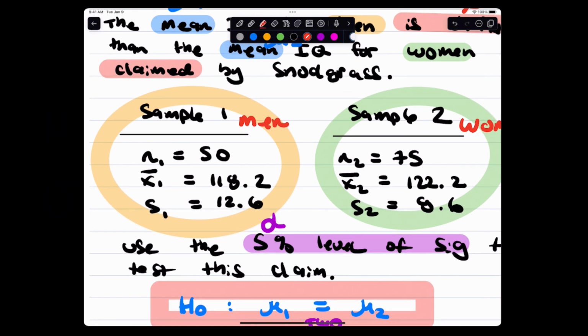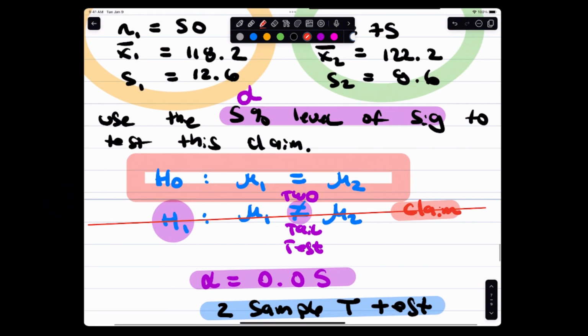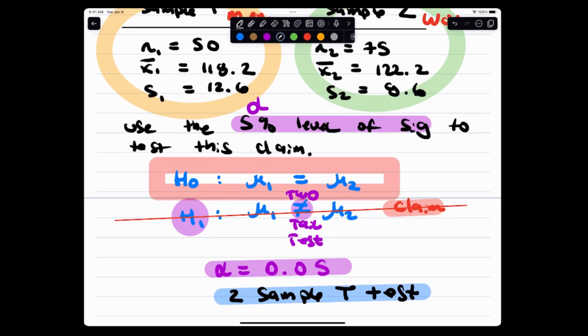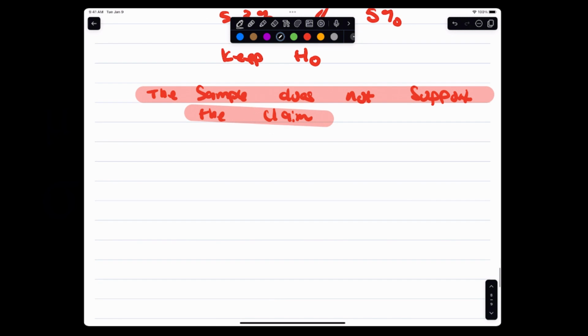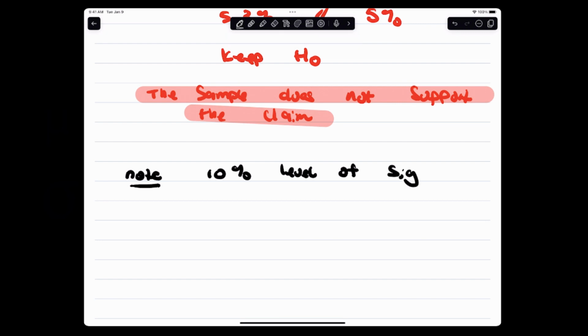Isn't that interesting? You want to know what's really more interesting? What if they did this? I'm going to write this down. Let's note this. What if they said use the 10% level of significance? What if that was your alpha?